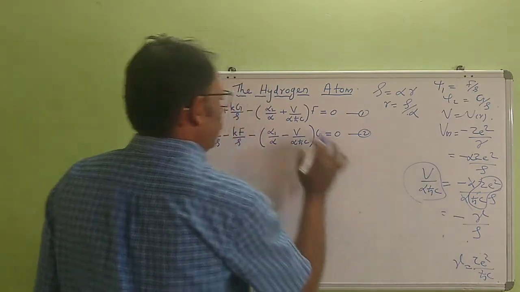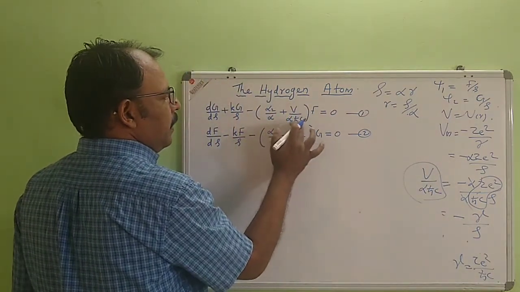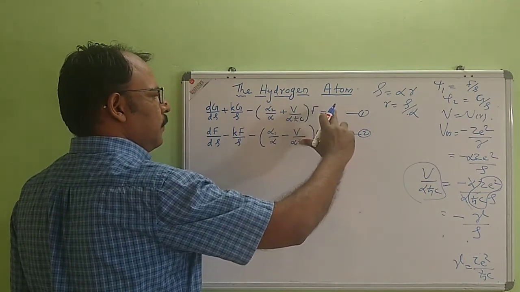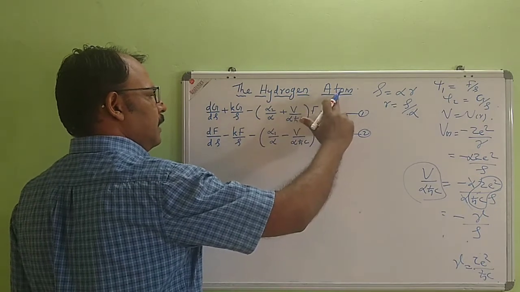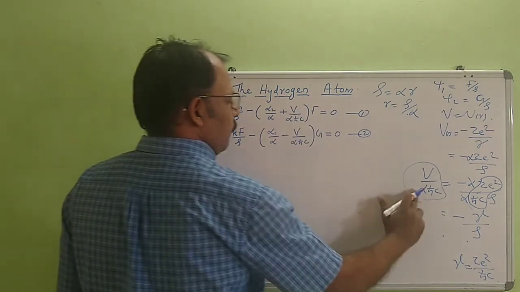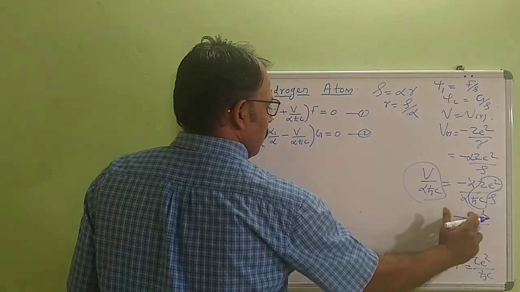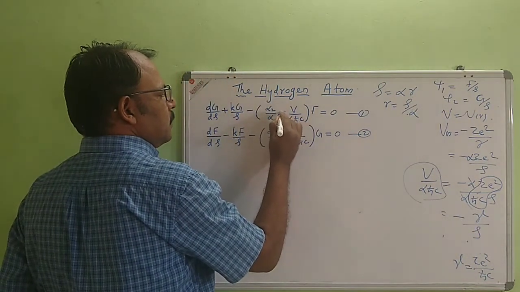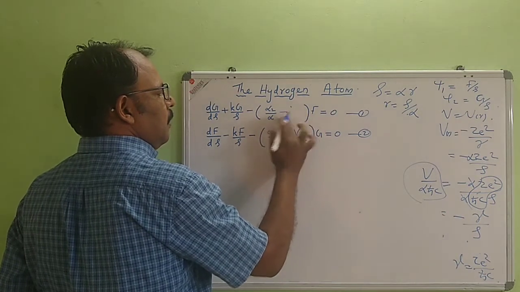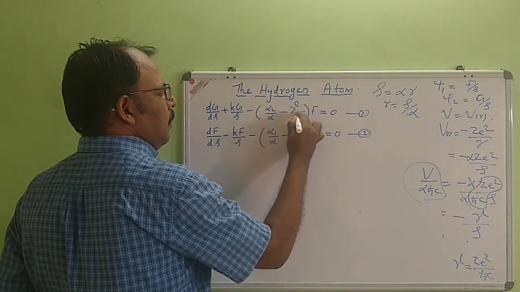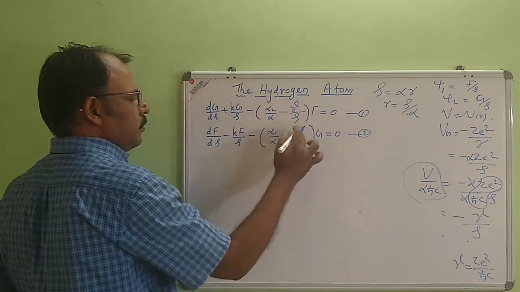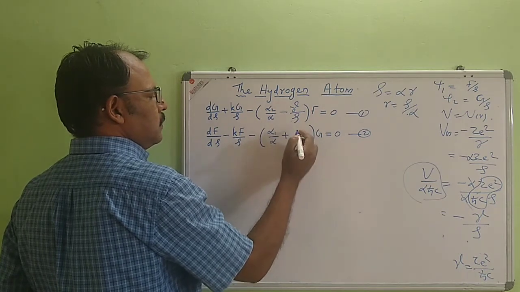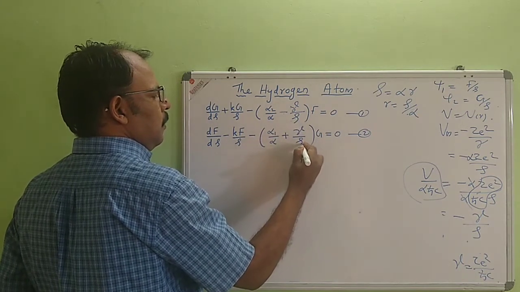This equation is applicable for any central field. For the hydrogen atom, we can replace the term V by alpha h bar c by minus gamma by rho. In the first equation, since the term has a minus sign in front, it will become plus gamma by rho.